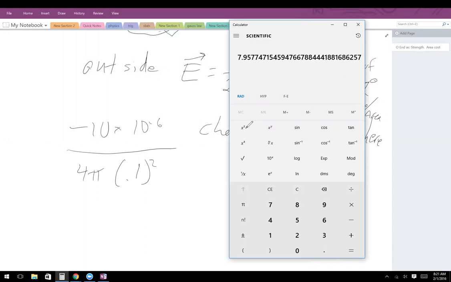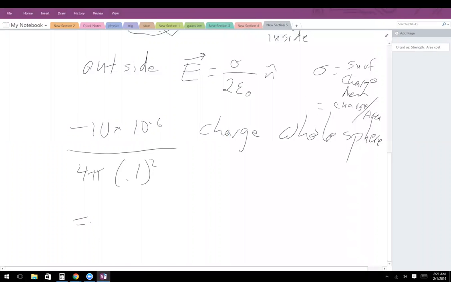That's everything except the 10 to the minus 6, which I plugged in. So sigma is negative 7.95 times 10 to the minus 6 coulombs per square meter.